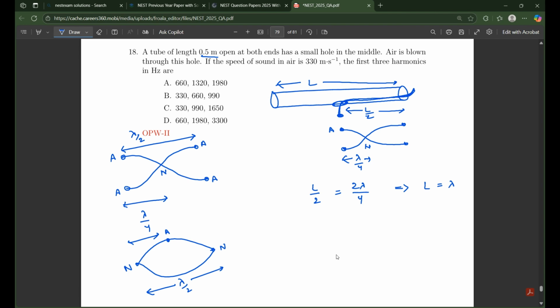Now what is frequency? Frequency is speed v divided by wavelength lambda.